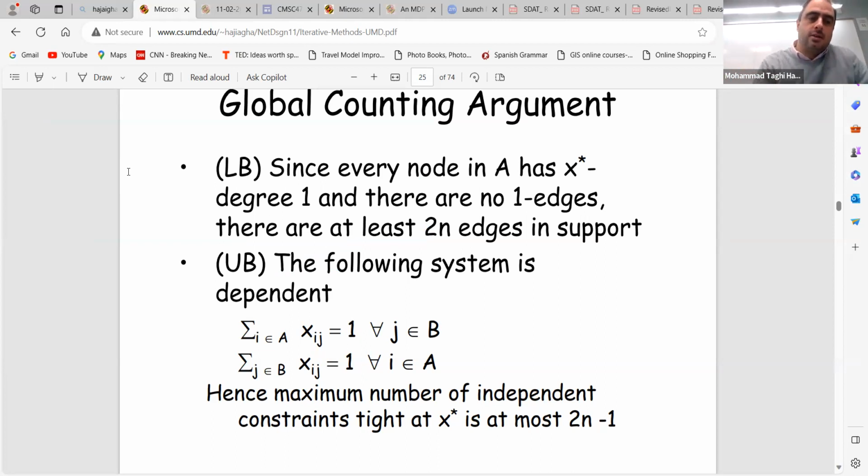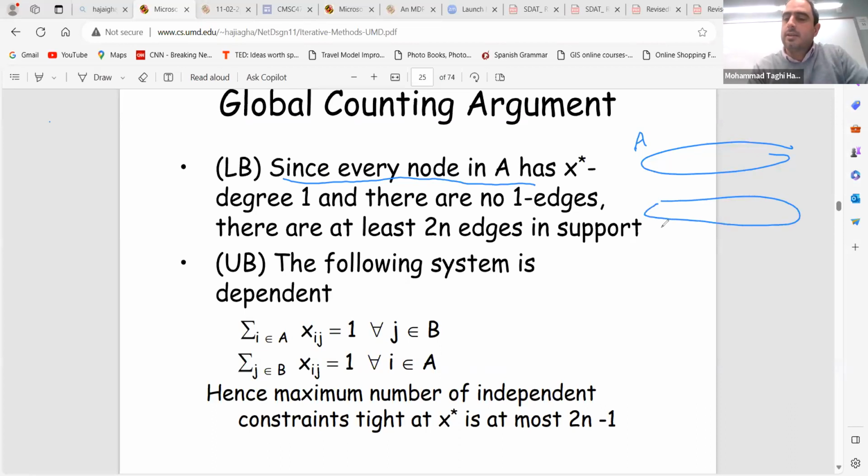So what is the idea here? We know that every node in A, so this is A and this is B, correct? We know that every node in A has degree at least 2. Why? As I mentioned, consider A. There are n variables.